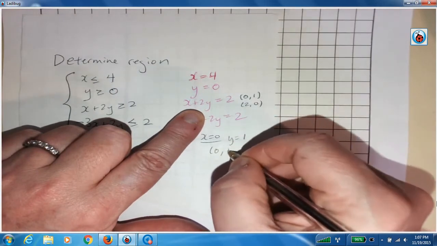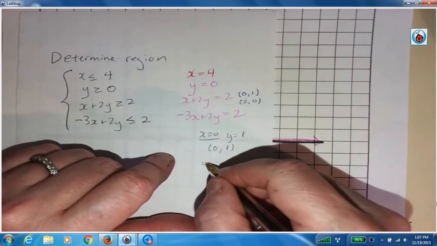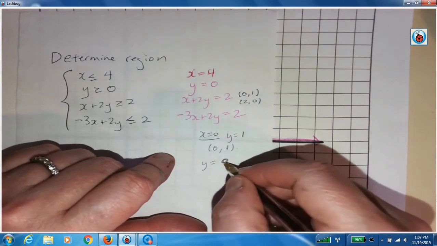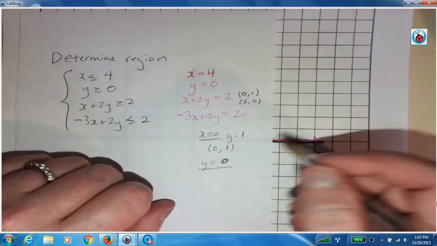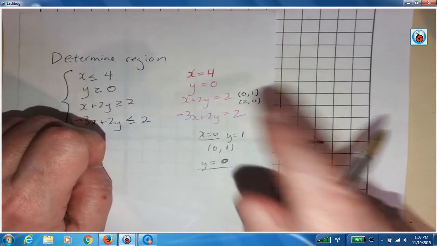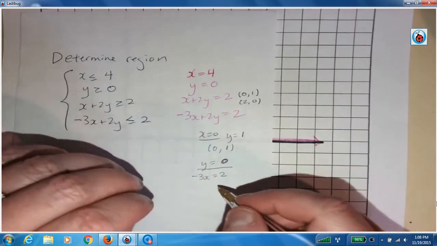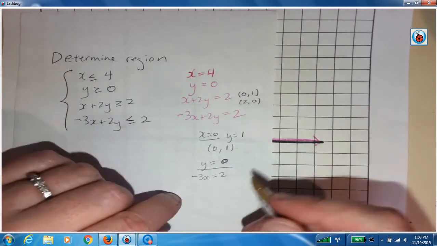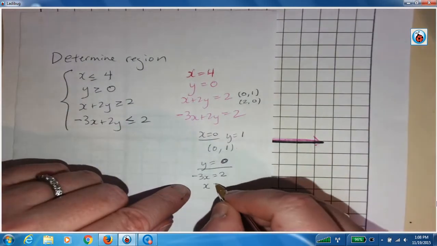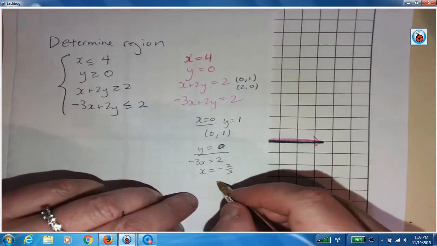So 0, 1 is a point on this line. And if y is equal to 0, then this equation becomes negative 3x equals 2. And so I divide both sides by negative 3, and so x is equal to negative 2/3.